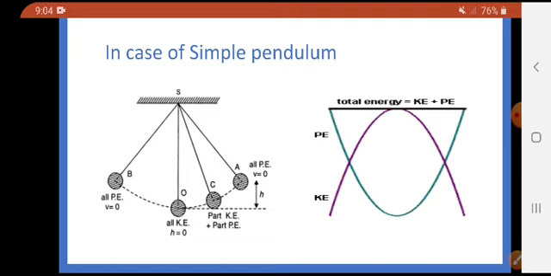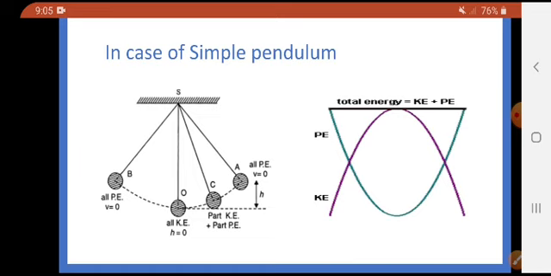You can find the values of kinetic energy and potential energy at any point in an oscillatory path, and you will get the sum of the kinetic and potential energy. At the mean position, the total energy is in the form of kinetic, with no potential energy.